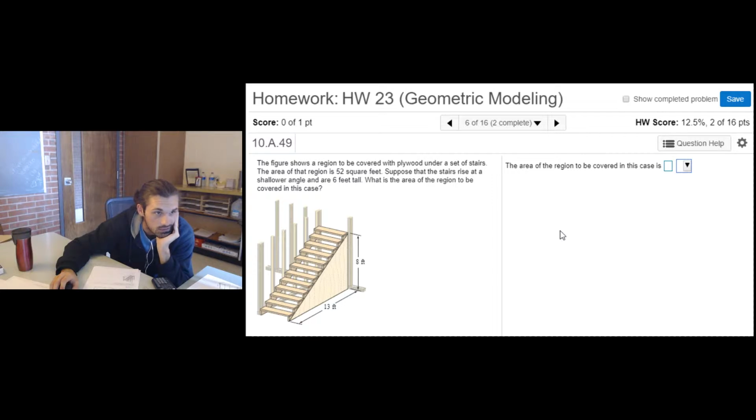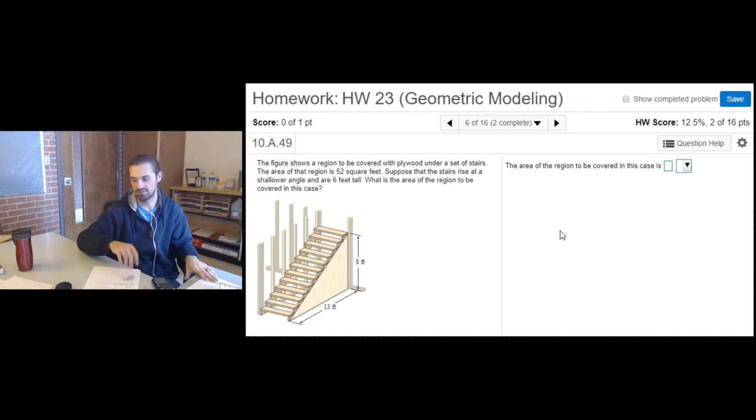So I know that it has to give me the area of 52. Suppose shallower angle is 6 feet tall. Okay, so let's draw a picture.